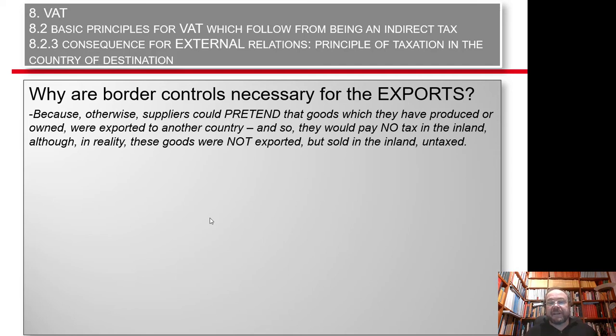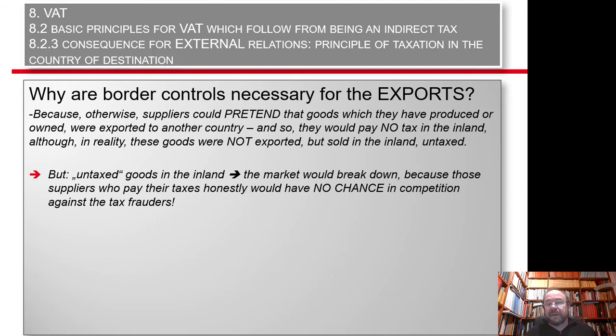And so you would have, again, honest business people paying the VAT and going bankrupt in the long run, and the dishonest ones who just pretend they exported things. So border controls are vital for the functioning of any indirect tax system.